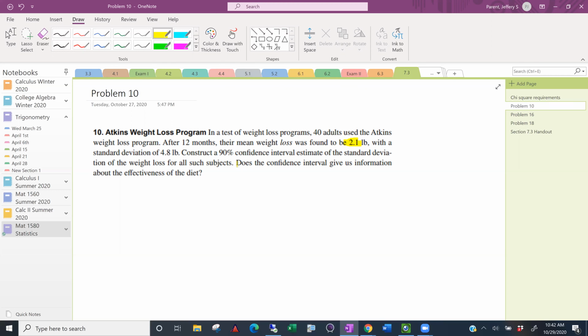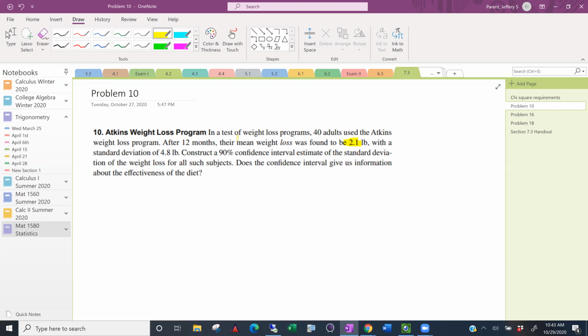People can do either during this 12-month period, and how spread out those values are doesn't tell us if they're losing weight or gaining weight, because they're all going to be part of the standard deviation. But what tells us how they're doing is their average weight loss. So we'd probably want to construct a confidence interval for that to figure out, is this effective?